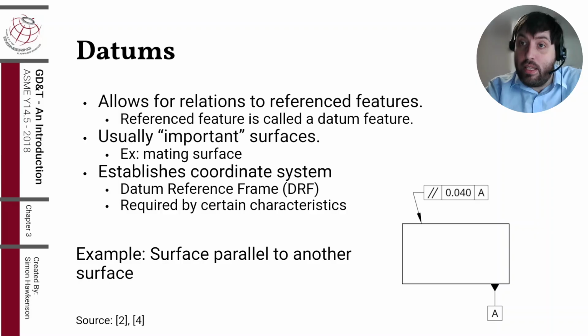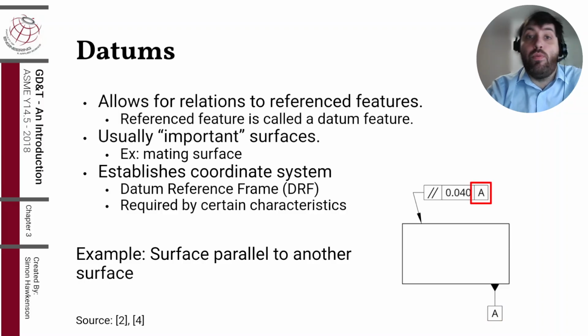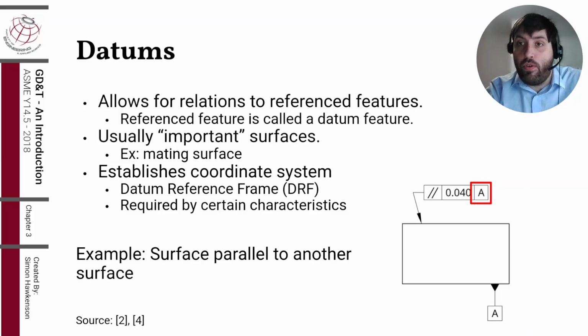So this is how you would set up a parallel tolerance, and you would use a datum. You refer to the particular surface by giving the reference surface a datum feature symbol, and that's shown in red. Then you reference the datum in your feature control frame.